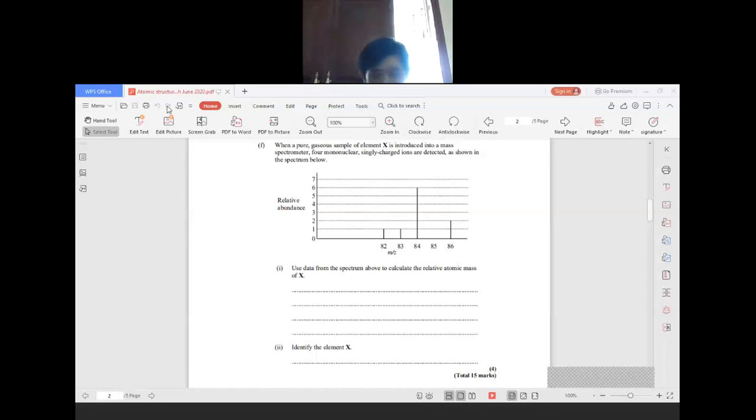Okay, can you help us to calculate the relative atomic mass of an atom X with this abundance and also the isotopic mass? I don't know, teacher.